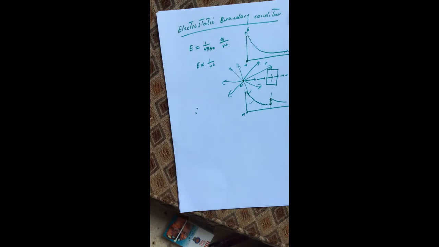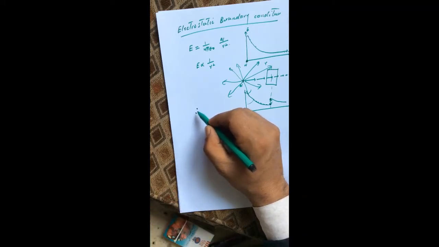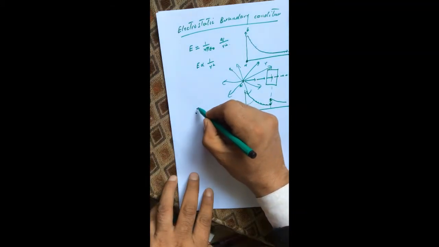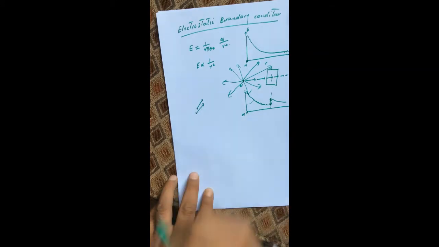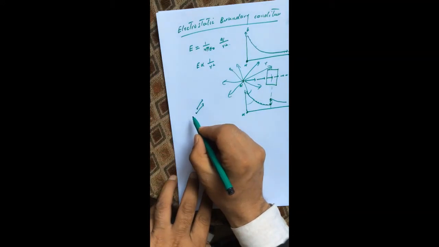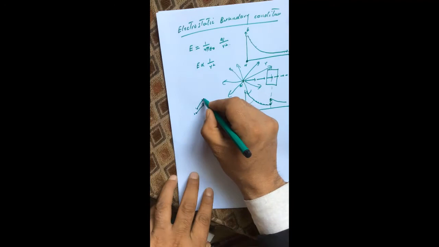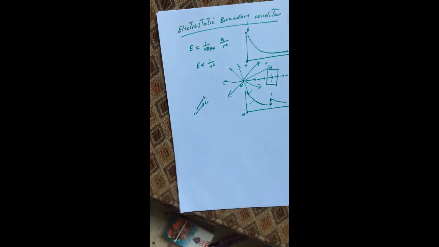Here I show them apart, but we suppose that they are much closer to each other. The electric field at this point is this one, and at this point is this one. I consider this to be point 1 and this to be point 2. Then this electric field is E1 and this electric field is E2.